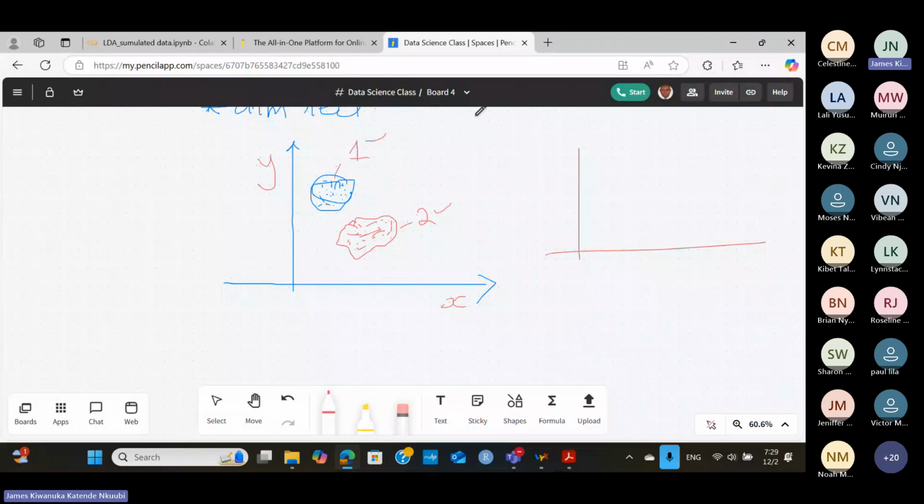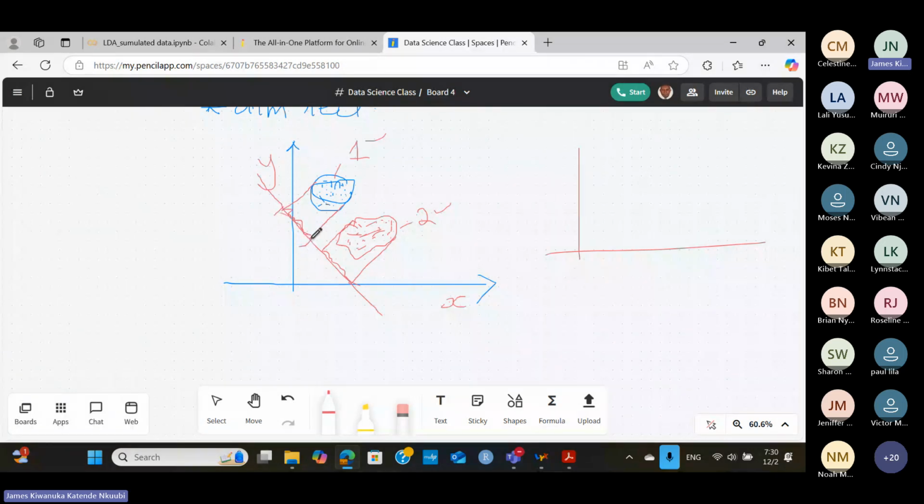So PCA simply looks for directions of maximum variation. It doesn't try to separate the data. But what linear discriminant analysis will do now is try to look for a plane. So for instance, if you draw a plane here and you project this data onto this plane, like this red data, if you project all the points, they will all be held within this region. And if you project this one down here, all the blue points will just be between these 2.